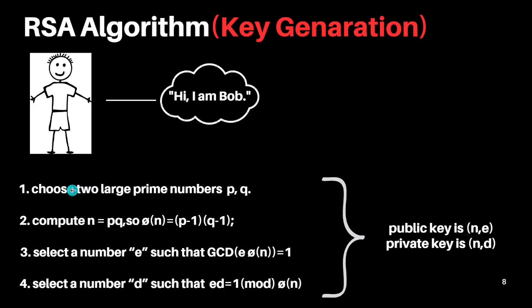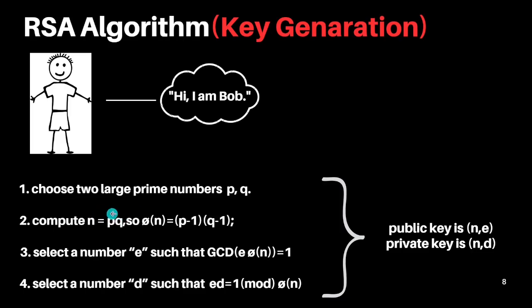First we choose two large prime numbers p, q. After choosing two large prime numbers, we compute n such that n equals p multiplied by q. So it's simple: first select two prime numbers and calculate n such that n equals p multiplied by q.